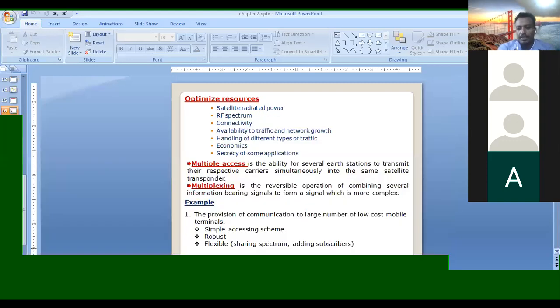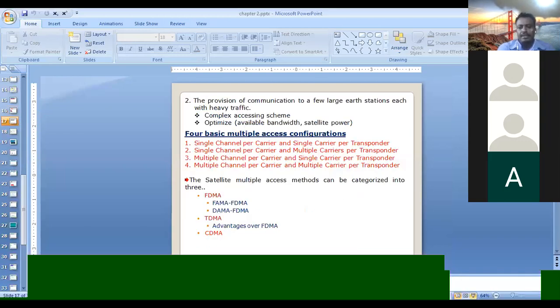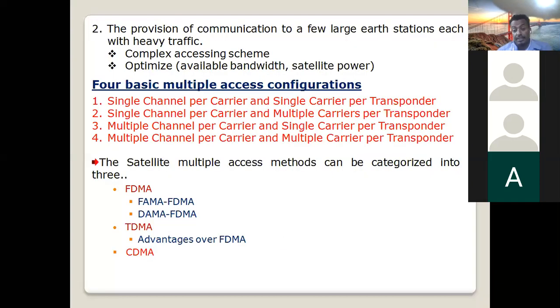Okay. So now, what are these multiple access configurations in satellite communication? Because we are talking about satellite. Each communication system, like fiber optics and others, has different multiple access configurations and methods. Don't be confused between multiple access configurations and multiple access methods.